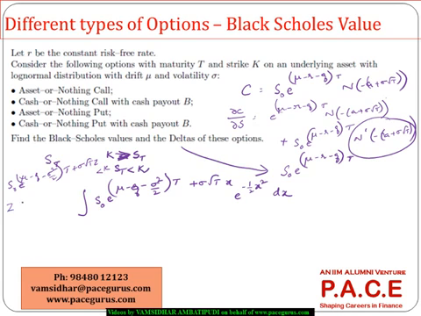So otherwise it is saying z less than log K by S naught minus mu minus q minus sigma squared by 2 into t divided by sigma root t. So I can very well assume that this is a. So z less than a is nothing but minus infinity to a is what is coming out. So minus infinity to a I am doing it.